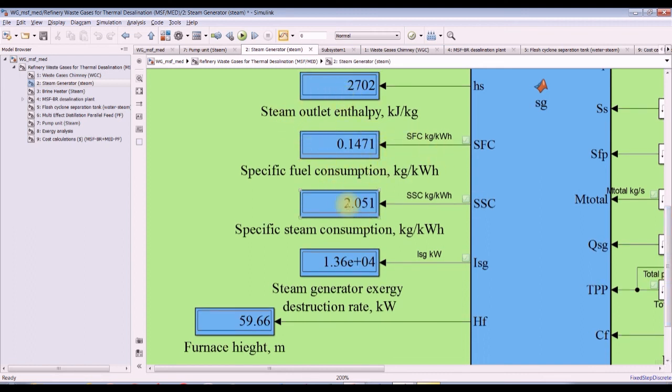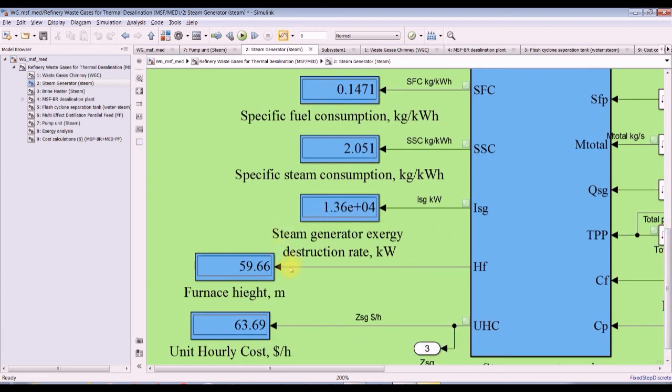Specific fuel consumption, specific steam consumption, total exergetic efficiency, furnace height, and unit hourly cost. For the steam generator, we're going to consume about 63 US dollars per hour.